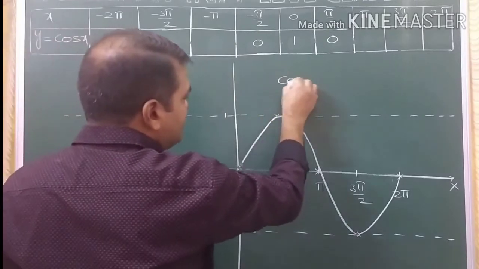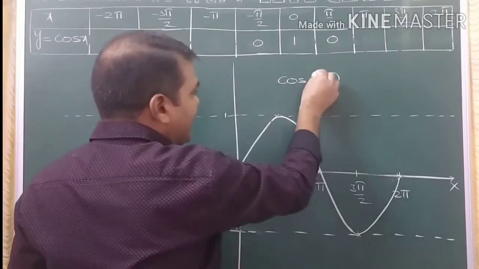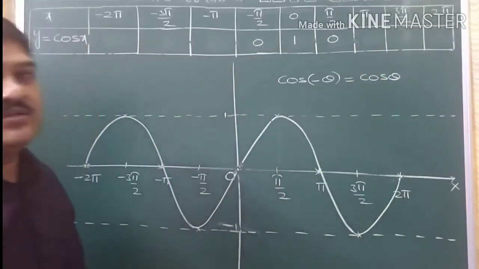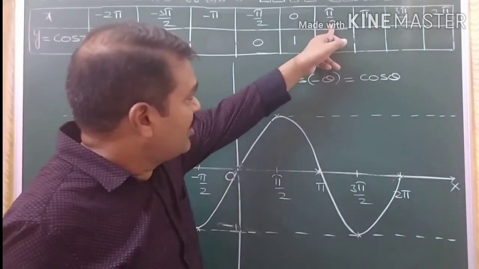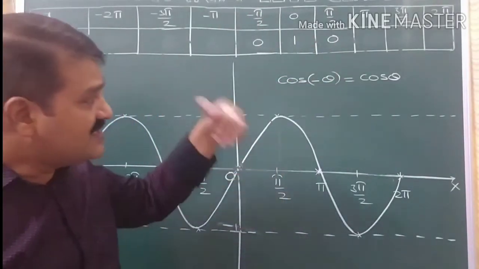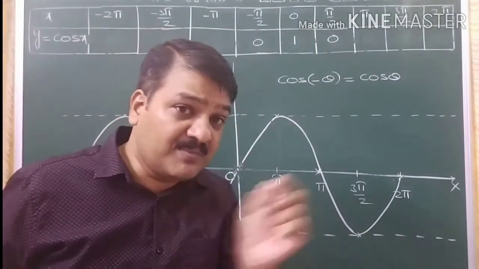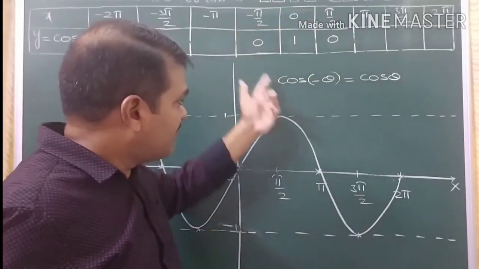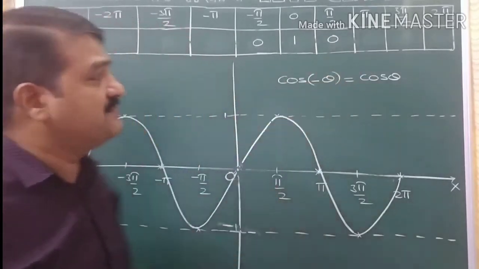Here you have to observe that cos of minus theta is cos theta only. So cos of pi by 2 or minus pi by 2 will be the same, whereas in the sine function that was the opposite sign, that we discussed.